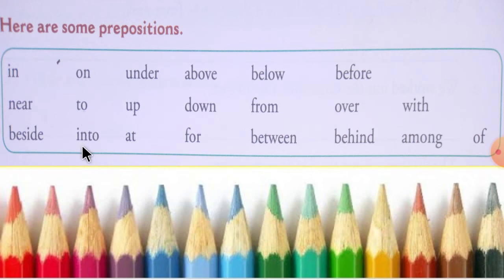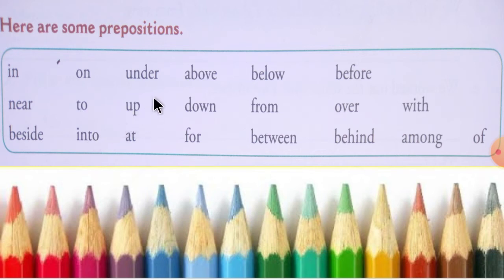Then next, preposition number 6: I, N, T, O, into. On, to, into.